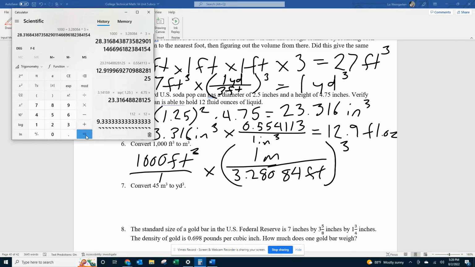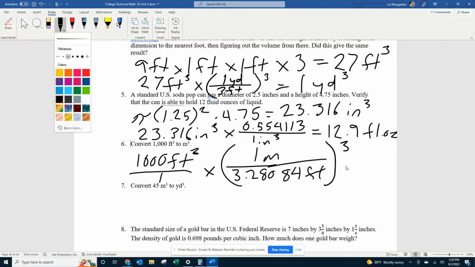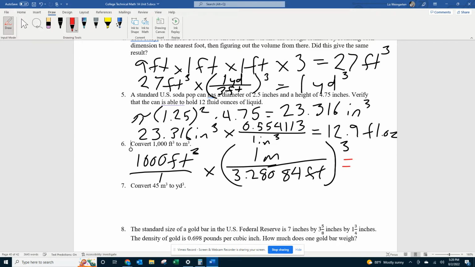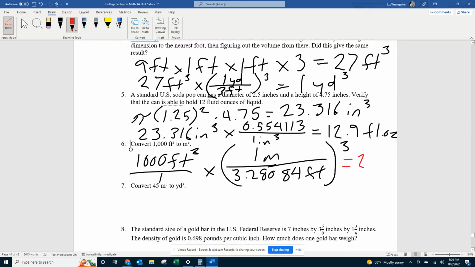And we get about 28.3. And that is meters cubed.